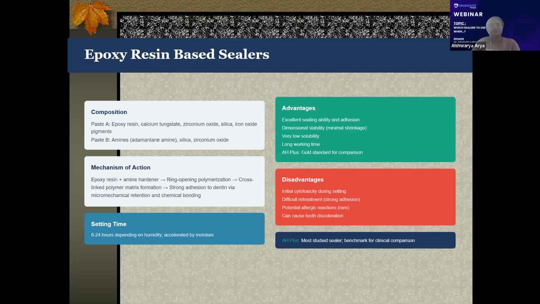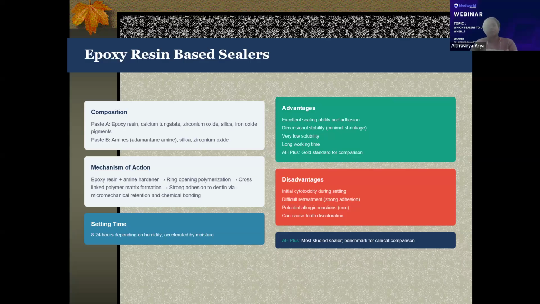I am sure that most of us have gone hands-on working with AH Plus sealers. AH Plus sealers have a setting time of 8 to 24 hours, but it also depends upon humidity. So, there could be some differences when it comes to weather changes, extreme weather changes, and it gets accelerated by moisture.